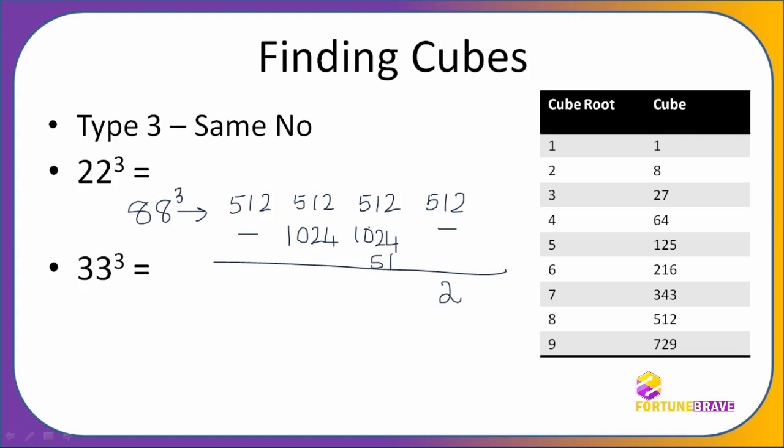Now 1024 plus 512 will directly be 1536. 1536 plus 50 will be 1586, and 1587 is the total of this. Only 7 will come, and we will send this 158 to the next home.